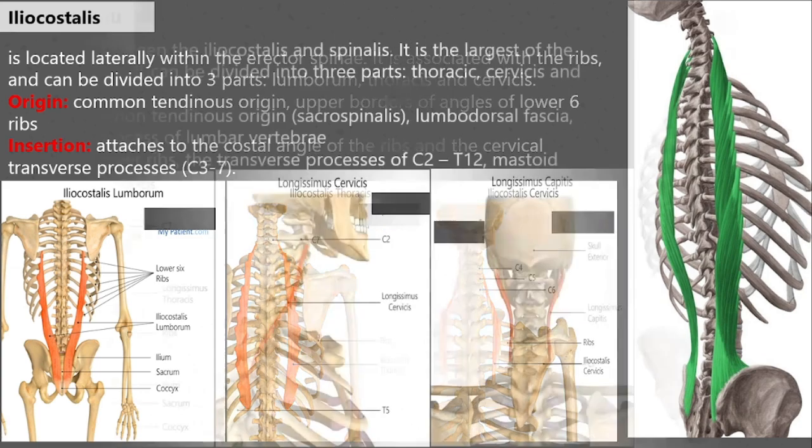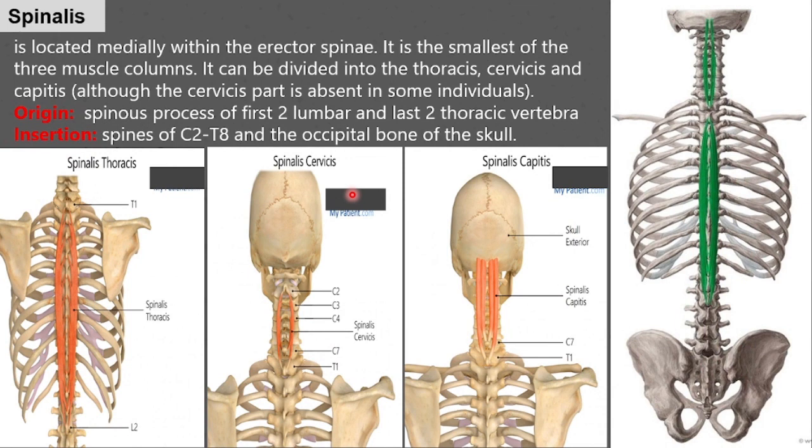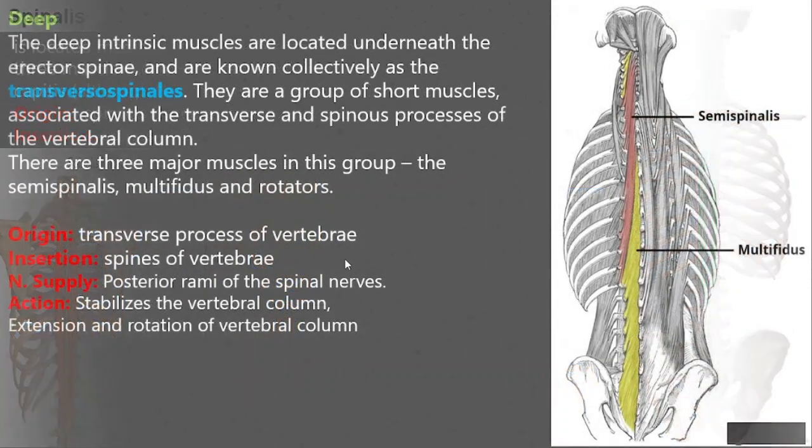There is the iliocostalis, longissimus, and spinalis. Spinalis, from its name, originates from the spinous process. Also, we have the deep muscles, the transversospinalis.